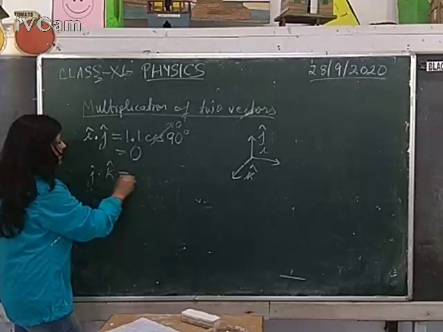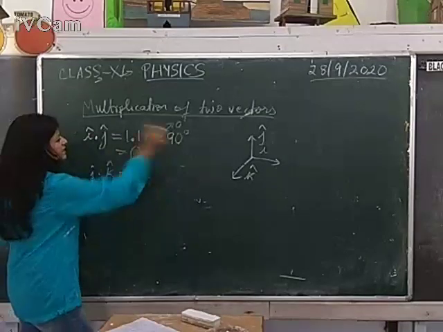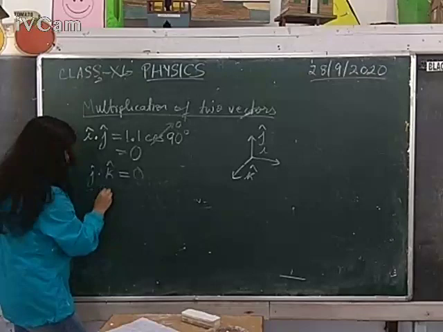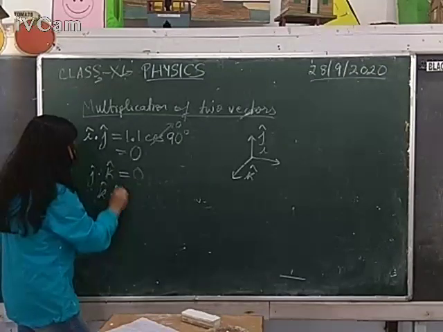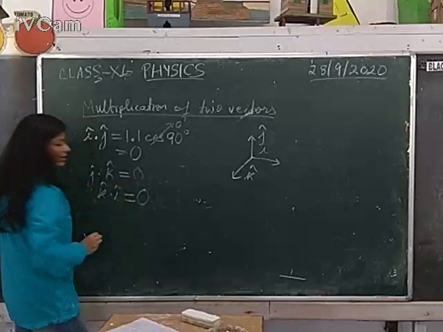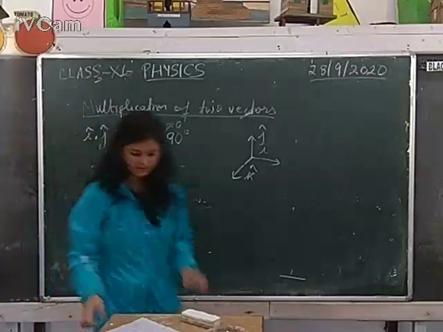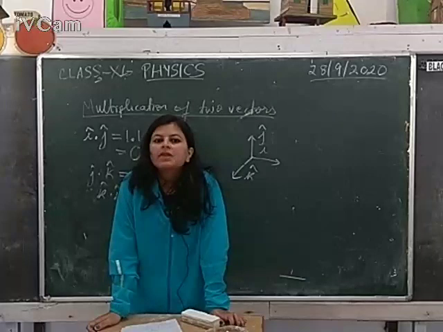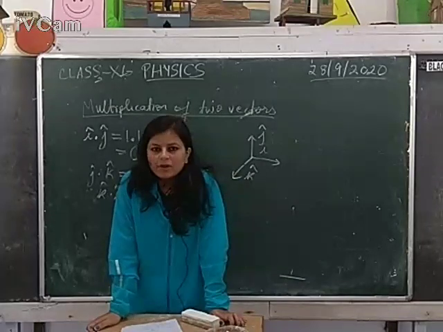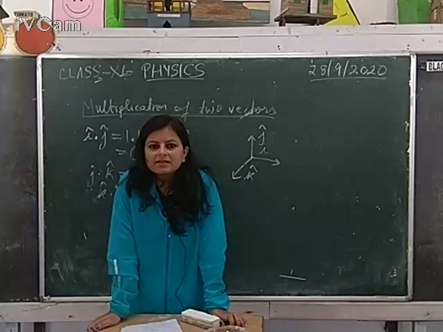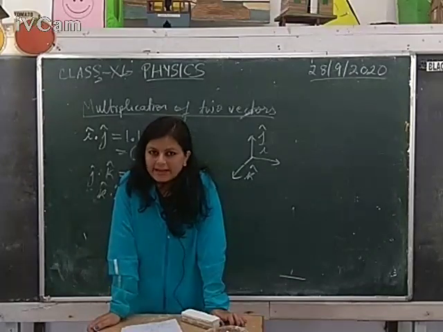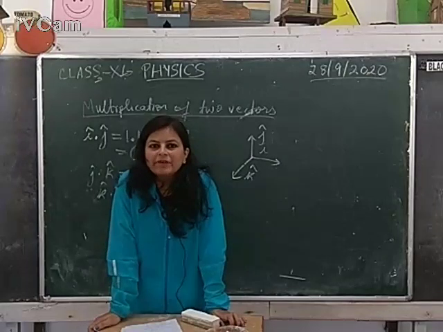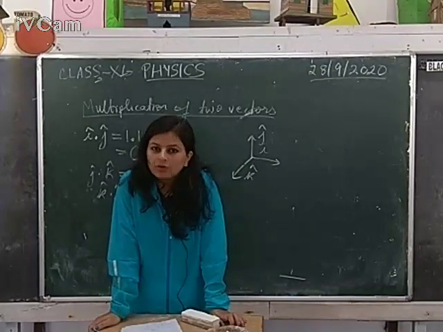The angle between j and k is also equal to 90 degrees. So cos 90 is 0. It will be equal to 0. And k dot i will also be equal to 0 since they are perpendicular to each other. So we can draw the conclusion that scalar product of parallel vectors is equal to the product of their magnitudes, okay, but scalar product of mutually perpendicular vectors is equal to 0 always, okay.